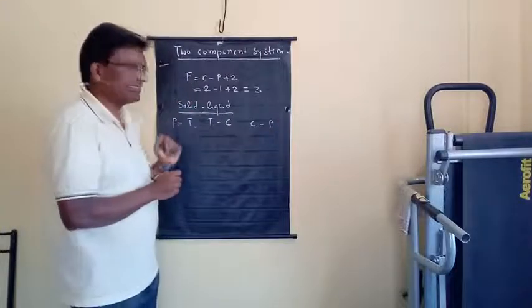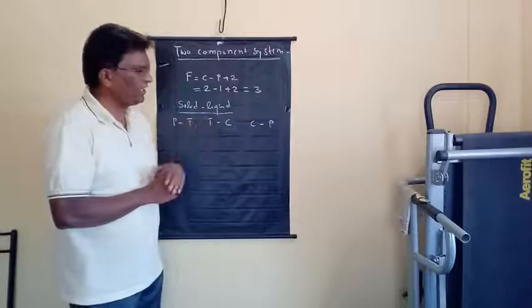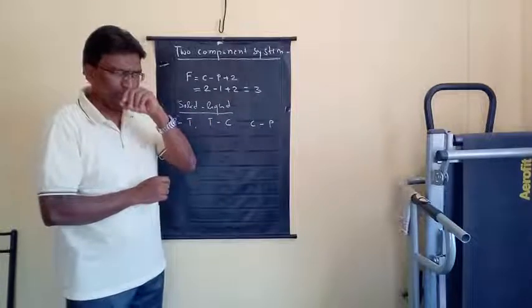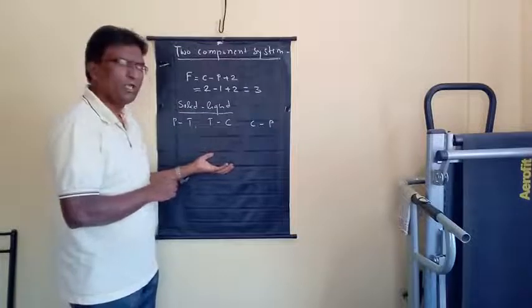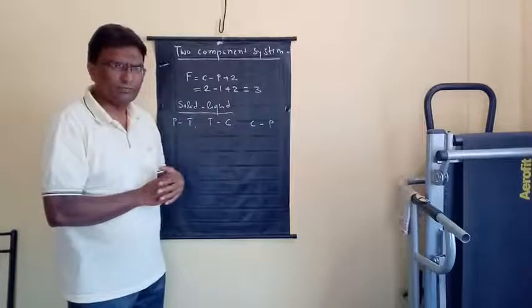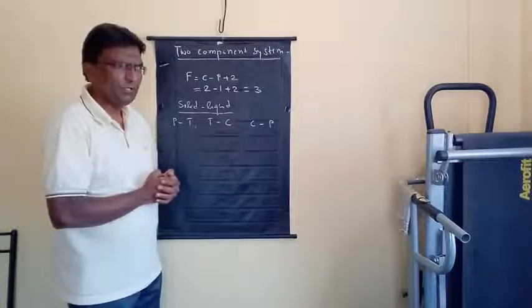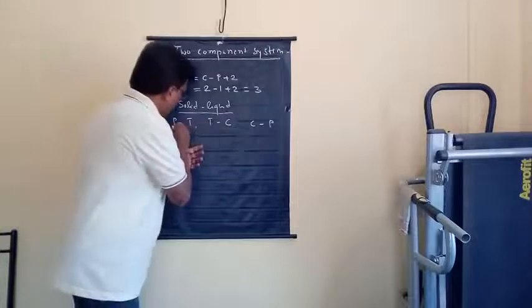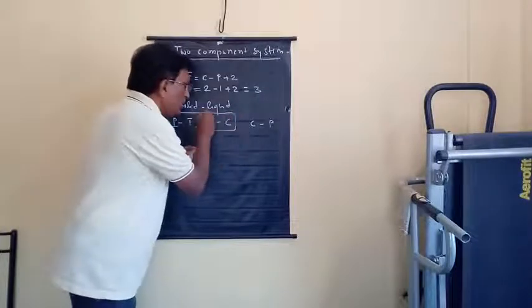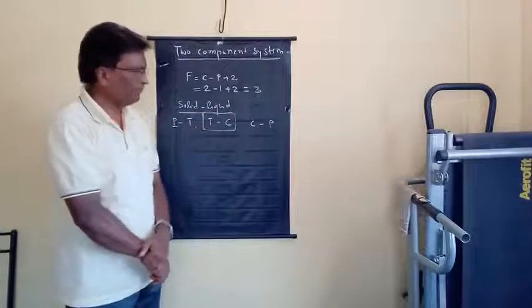As in this case the effect of pressure is very, very small and can be neglected, the entire study can be done by keeping pressure constant. That means the third variable is kept constant, and therefore as pressure is kept constant, we select the temperature composition diagram.